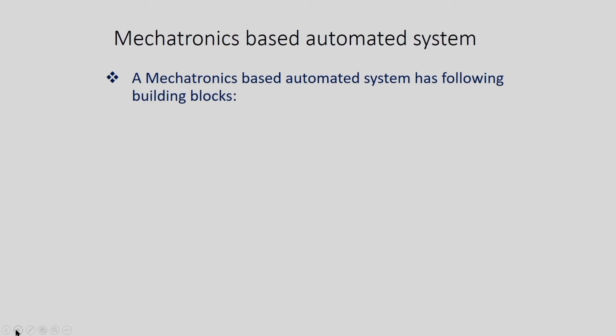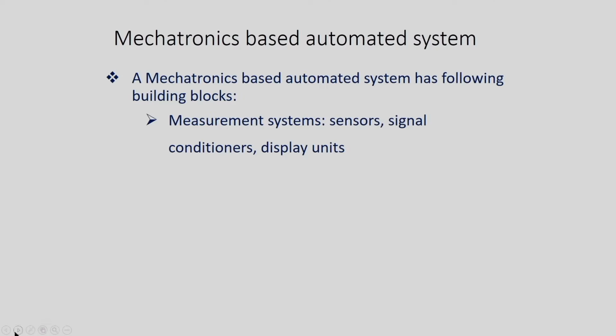Now, let us see what are various building blocks of a mechatronics based automated system. The first building block of an automated system is the measurement system. The measurement system has various sensors, signal conditioning devices, and display units.